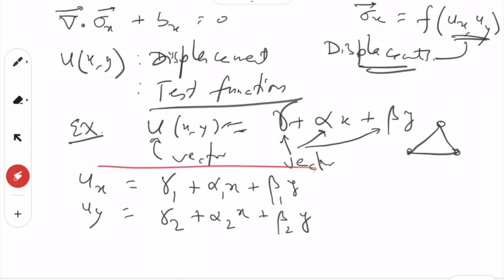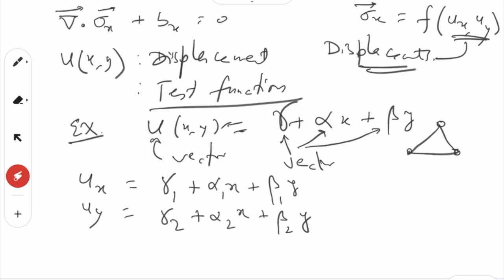These are the variables we have to find out.